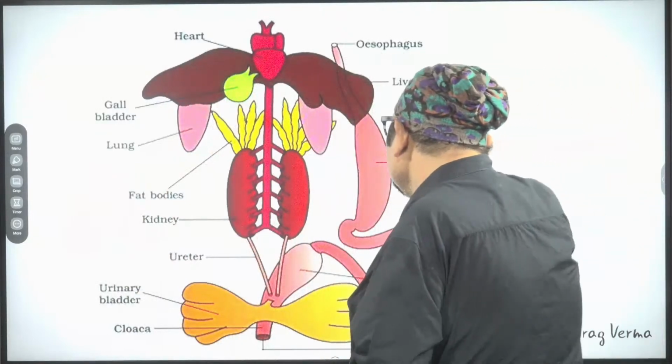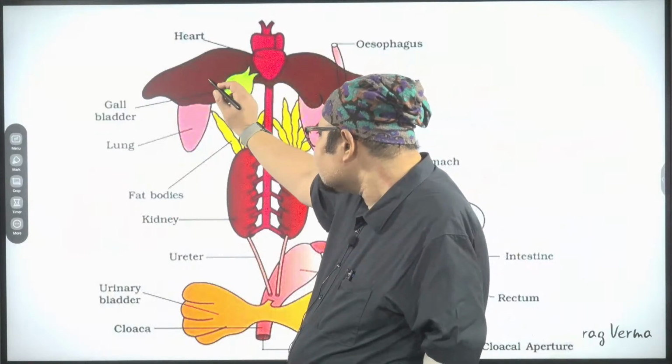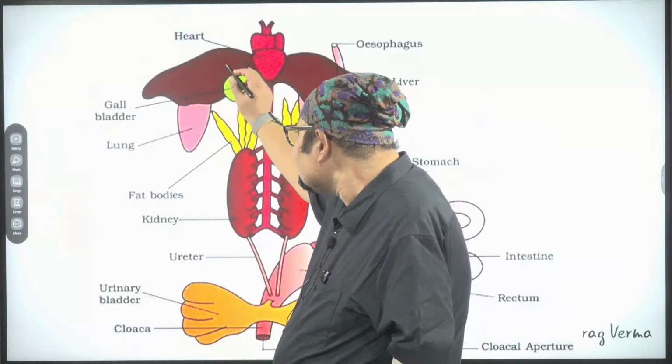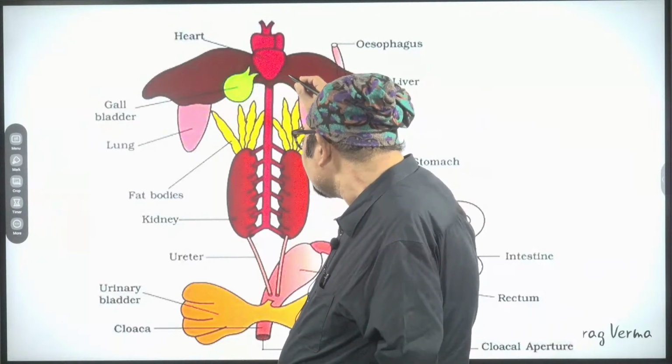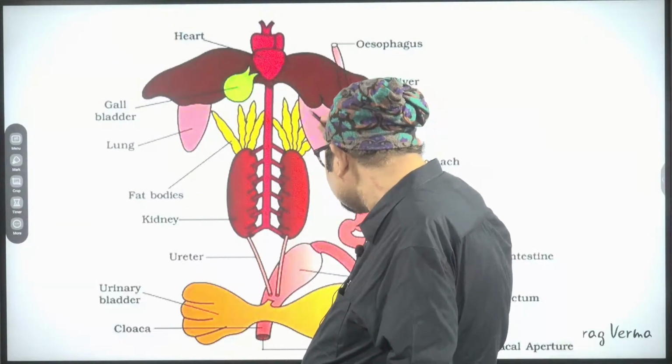Okay. One more thing, they have associated digestive glands, like this is the liver. Liver produces bile, and the bile is stored in the gallbladder. And they have a pancreas. In this diagram, the pancreas is not visible.